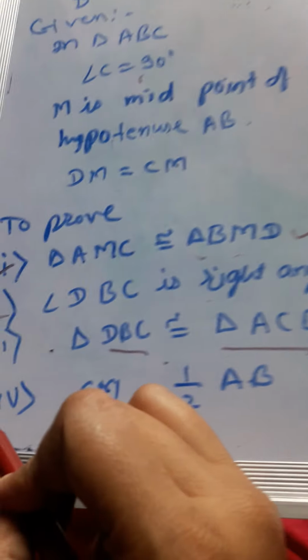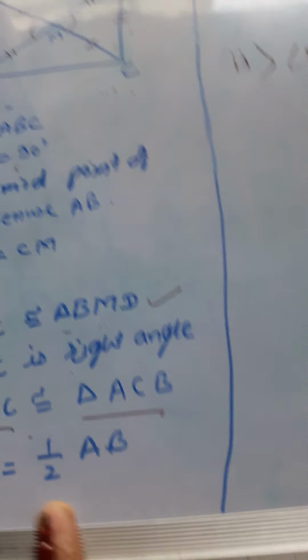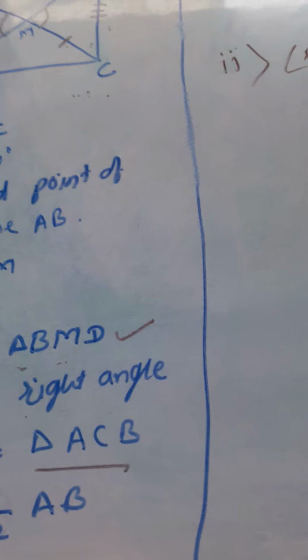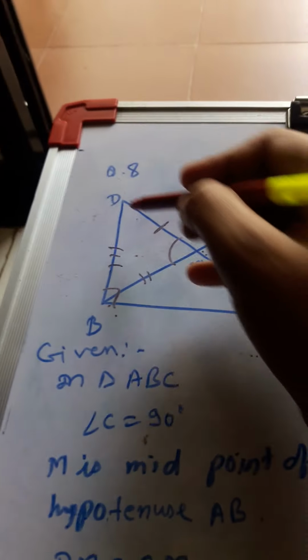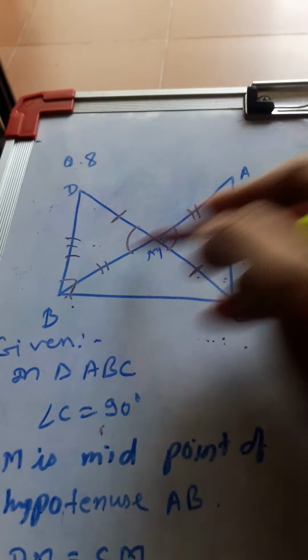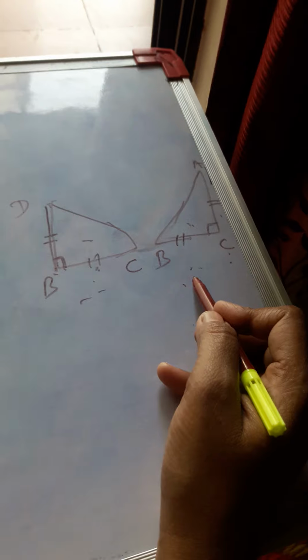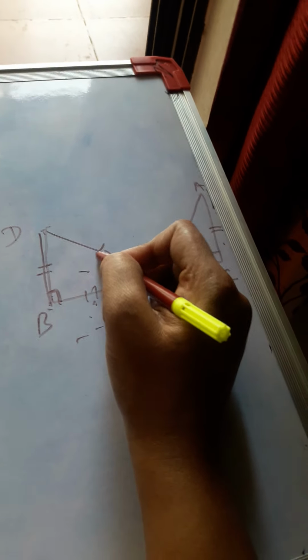Now the fourth one: CM is equal to half of AB. See in this triangle DBC, we already proved these two triangles are congruent. Then by CPCT, CD and AB are equal.